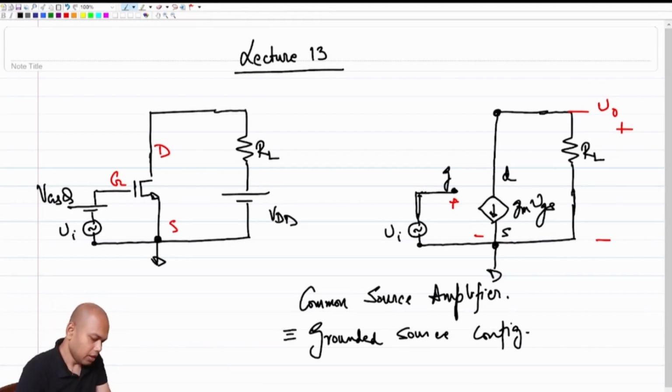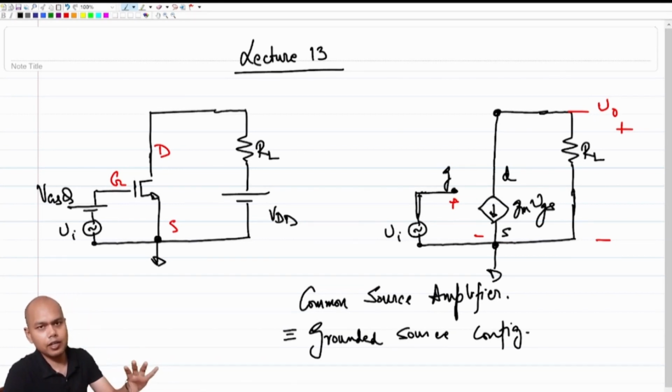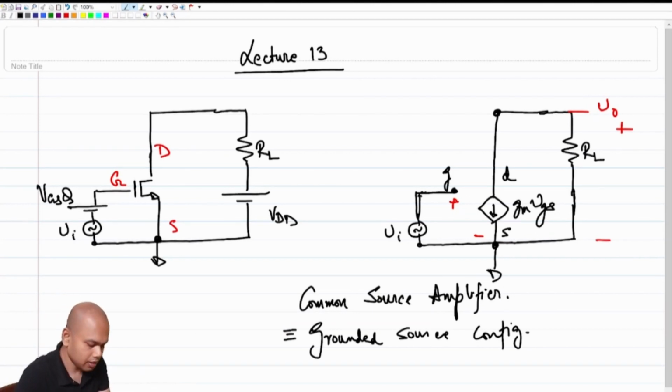Okay, great. And it's not only that the source is incrementally grounded, it should be common. The input should have been applied between the gate and the incrementally grounded source, and the output is also between some other terminal, the drain, and the grounded source. Okay, fine.